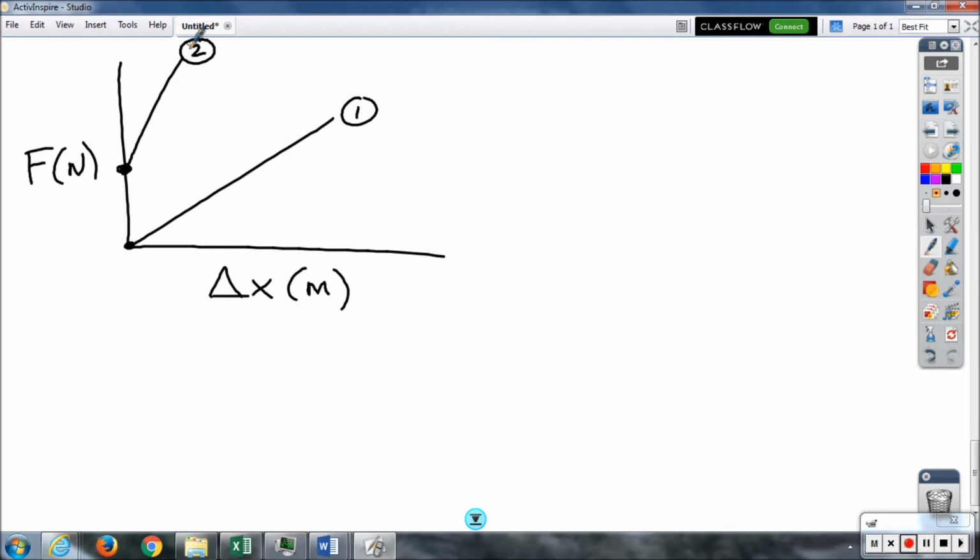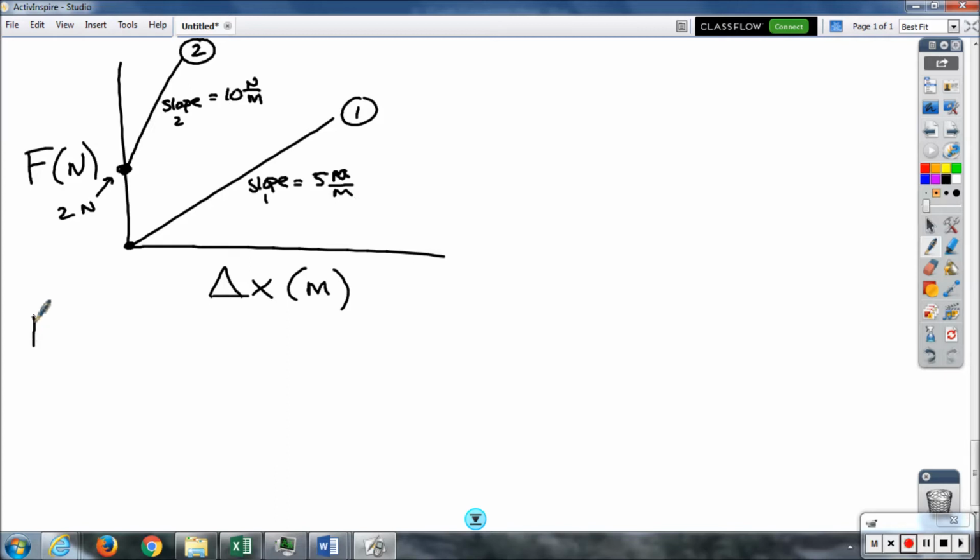So if I tell you that this value here is 2 newtons, and I tell you that this slope is 10 newtons per meter, and this slope is 5 newtons per meter, then what you should be able to tell me is what are the equations that describe both of these graphs.